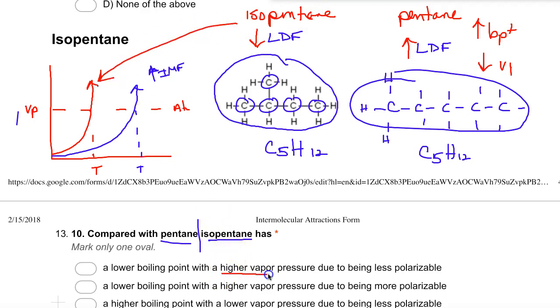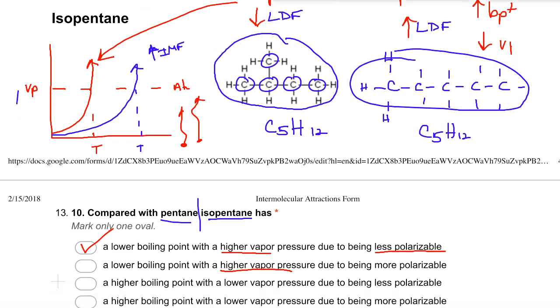It's going to evaporate and produce a lot of pressure because the molecules evaporate. And it is going to be less polarizable. It doesn't move the electron cloud that much. That's why the LDFs are weaker, and that's why they separate so much easier, and that's why they create a higher pressure upward. And that's why good old number 10, don't know why 13 is there, okay, is the answer.